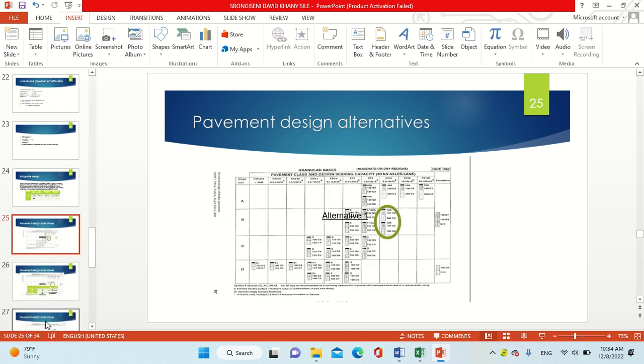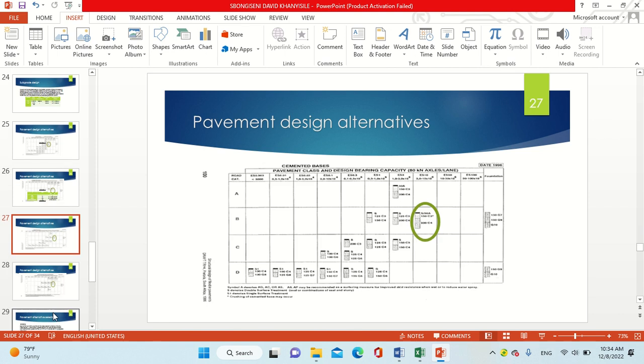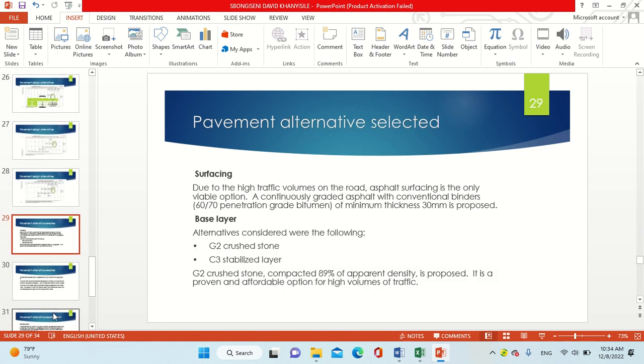Now I've also attached the most important aspect of design, which is the pavement design alternatives. As you can see on my slide, the design alternative selected was asphalt surfacing, due to the high traffic volume on the road, and asphalt surfacing is the only viable option.